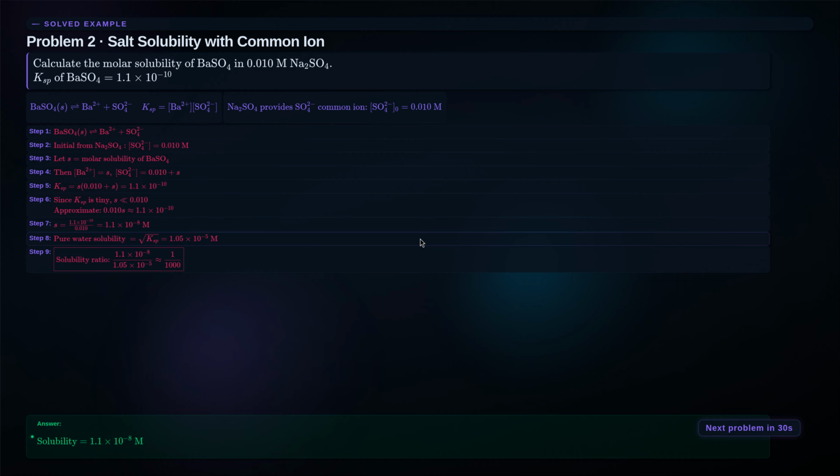Step 5. In pure water, the solubility would be the square root of Ksp, which is 1.05 times 10 to the negative 5 molar. The solubility ratio is approximately 1 over 1,000. The answer: the molar solubility is 1.1 times 10 to the negative 8 molar.